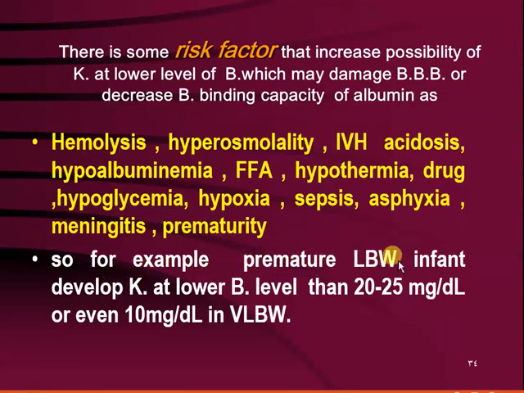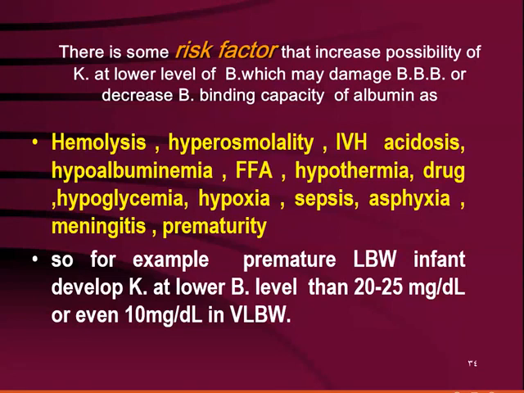For example, a premature low birth weight infant may develop kernicterus at a lower bilirubin level than 20 to 25 mg, and may even develop kernicterus at 10 mg per deciliter in a very low birth weight infant.